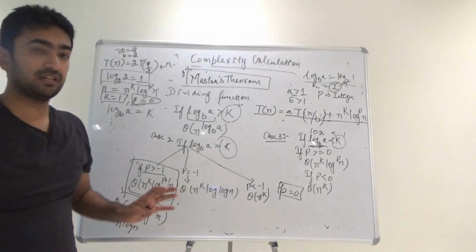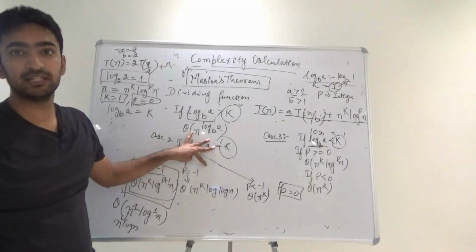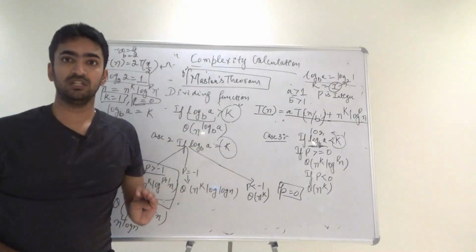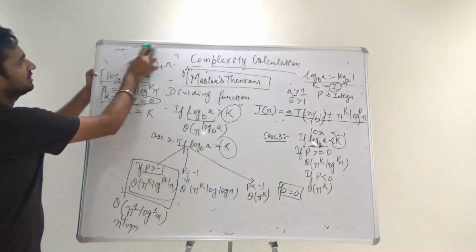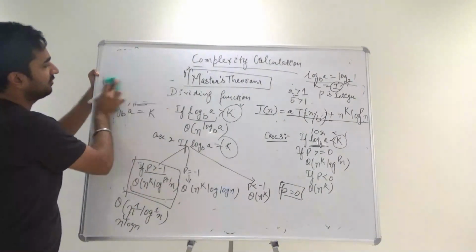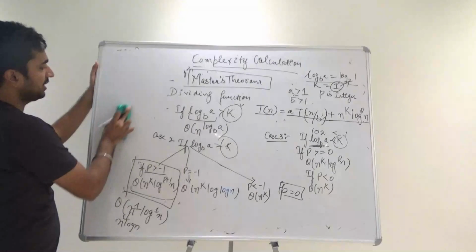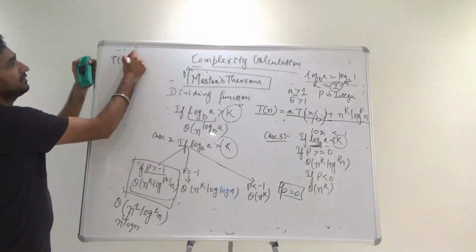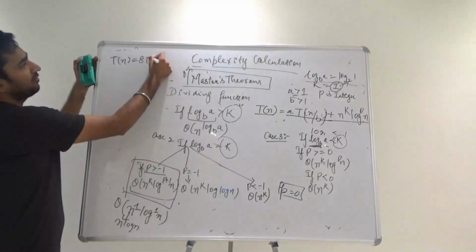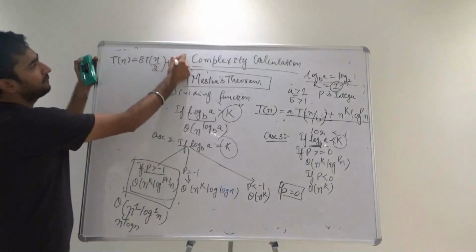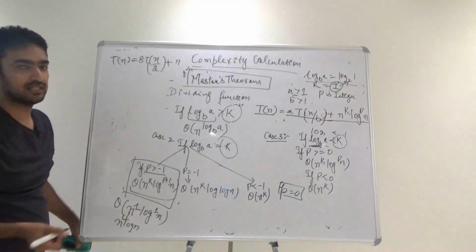So here we calculated the case where log base b of a was equal to k. We can get any other scenario as well, like over here. We have got T of n given as 8T(n/2) plus n. Again, this is a scenario.